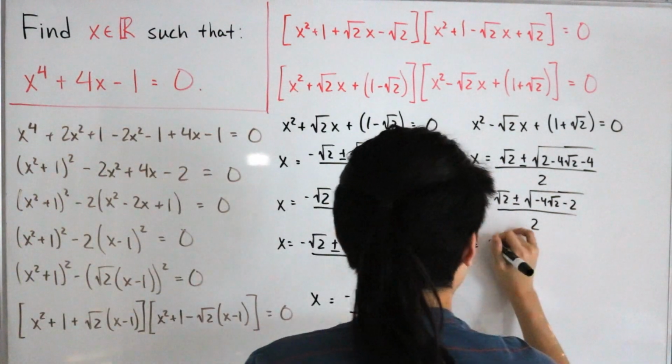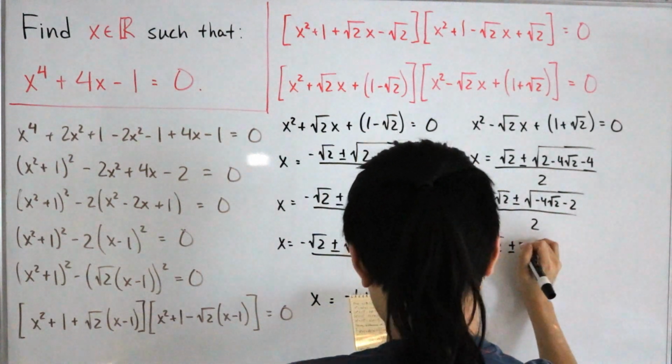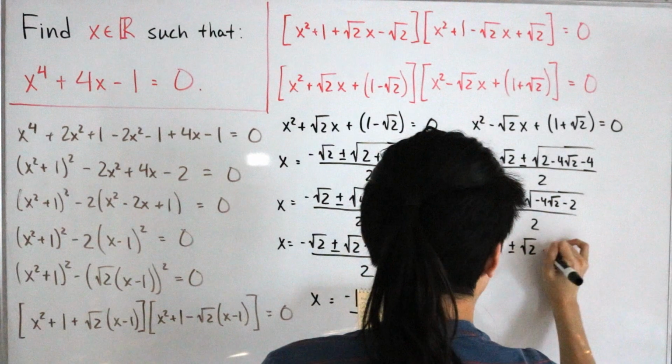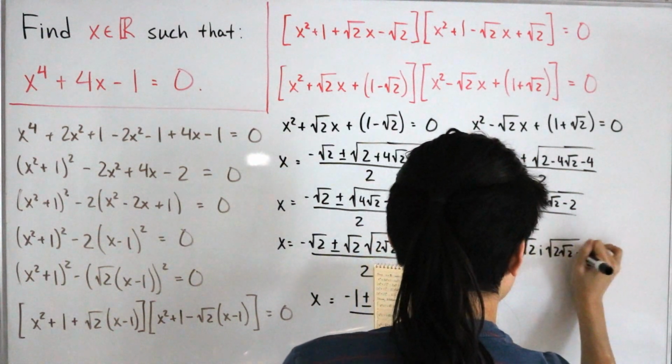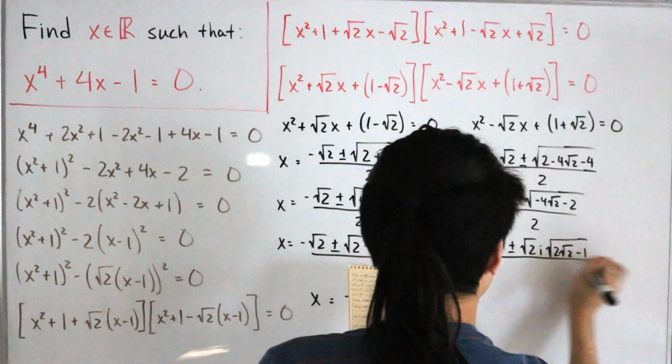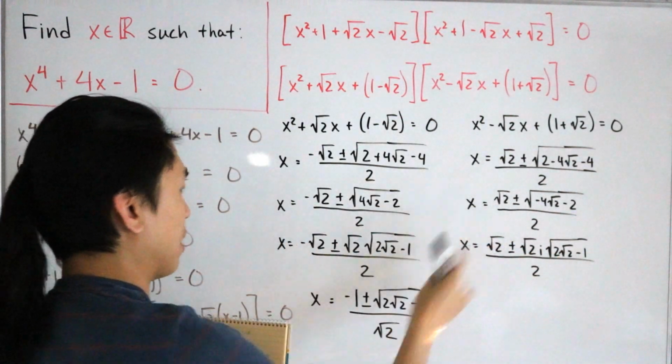So we have the square root of 2, and then this is plus or minus the square root of 2 multiplied by i times the square root of 2 times the square root of 2, subtract 1, and then divided by 2. And if you just want to do the same thing as before, the similar format works as well.